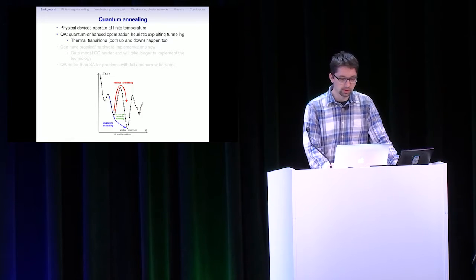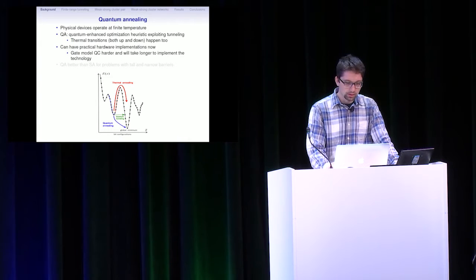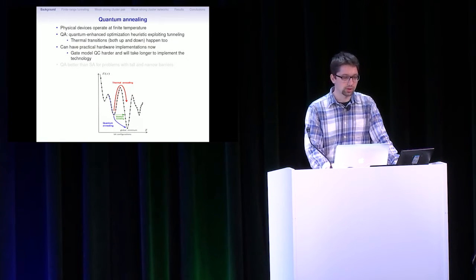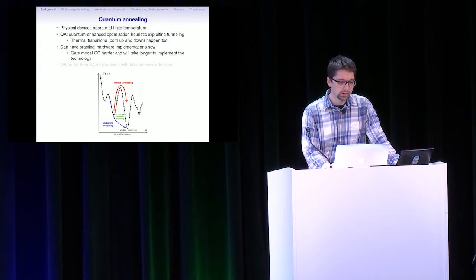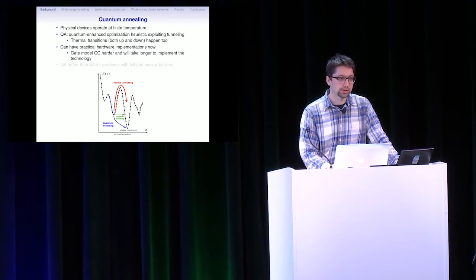But also, because of the presence of temperature, there can be thermal transitions that can happen as well. So the advantage of quantum annealing versus gate model quantum computation is that it seems that we can have practical hardware implementations now, whereas gate model quantum computers will take more time to build and to implement the technology.